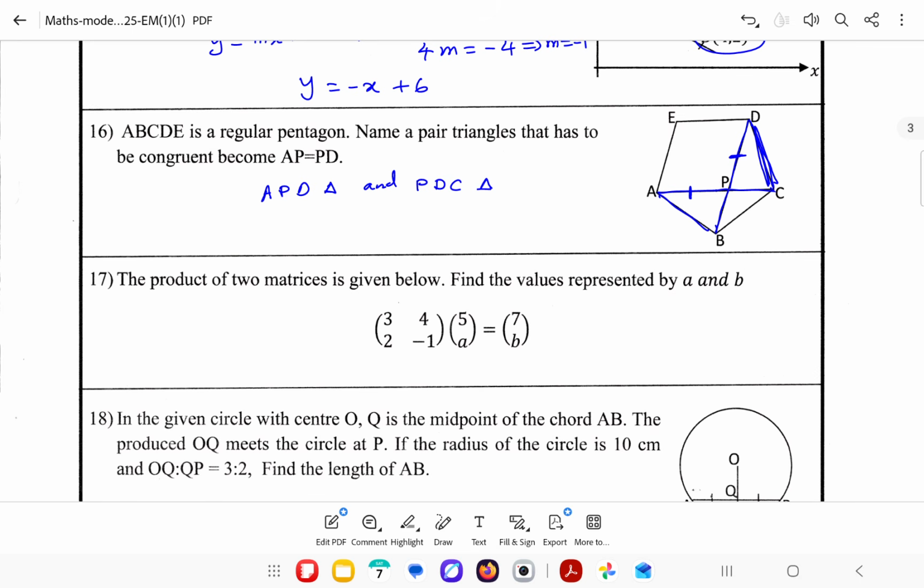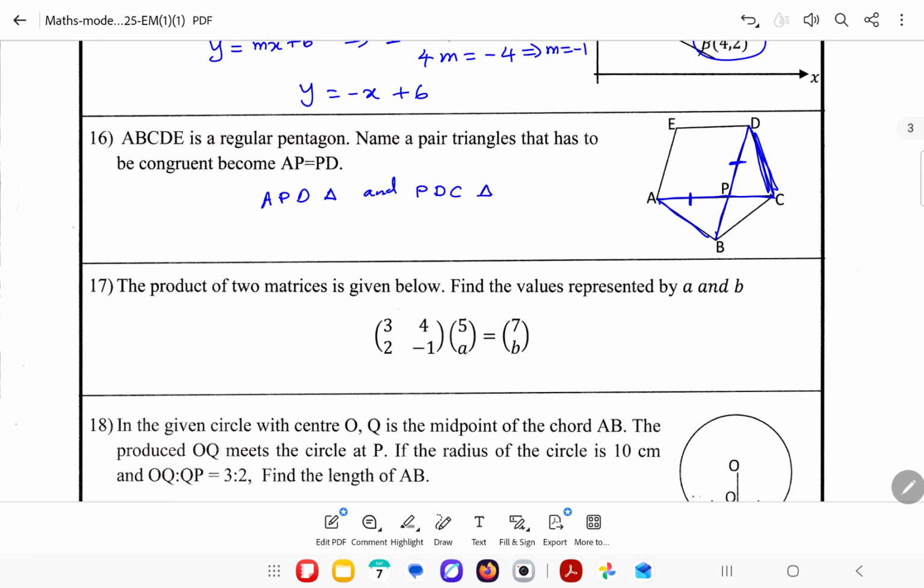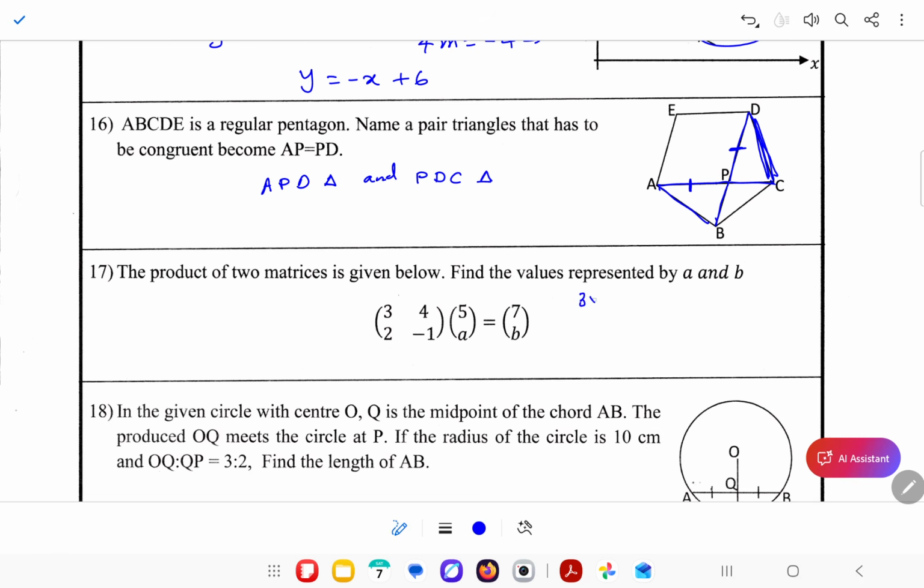Then number 17, the product of two matrices is given below. Find the values represented by A and B. Right. So then we can write two equations now. 3 into 5 plus 4 into A is going to be equal to 7. So 15 plus 4A equals 7.